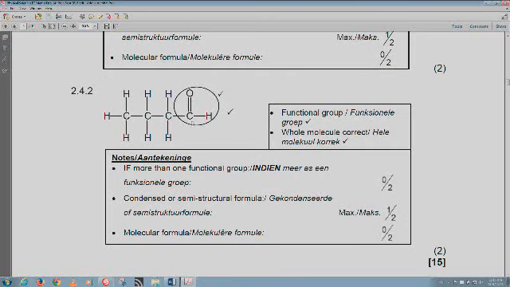In other words, if, for example, in the carbon, this C double bond O here, that is the functional group, if the learner includes an H there in that carbon, then it means the functional group now becomes incorrect. Then the learner will get a 0.